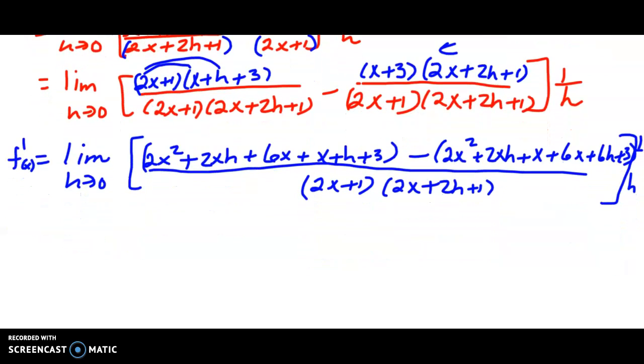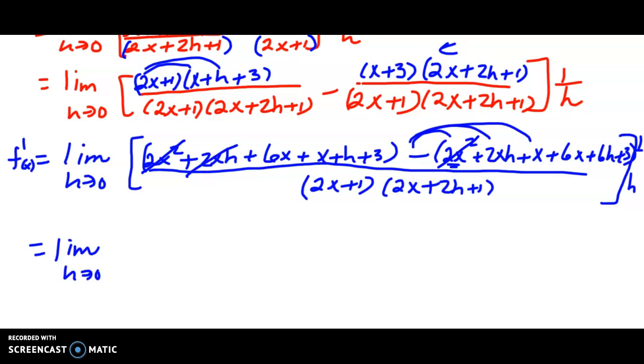Okay. So I have a lot of terms in the numerator. Let's see if I have any terms that cancel. I have a subtraction here, so you have to remember that this subtraction is going to go through all these terms. So this 2x squared here is negative, and it will cancel with this 2x squared when you subtract.